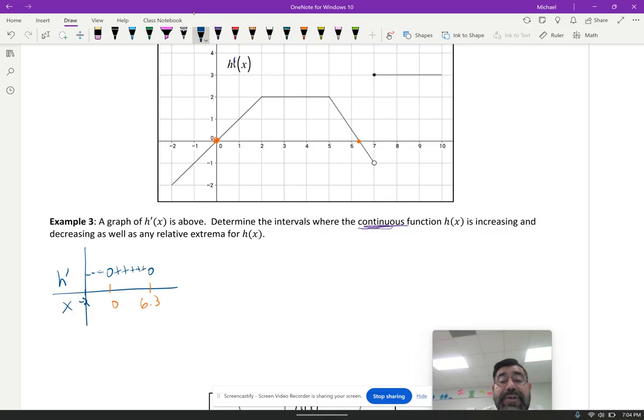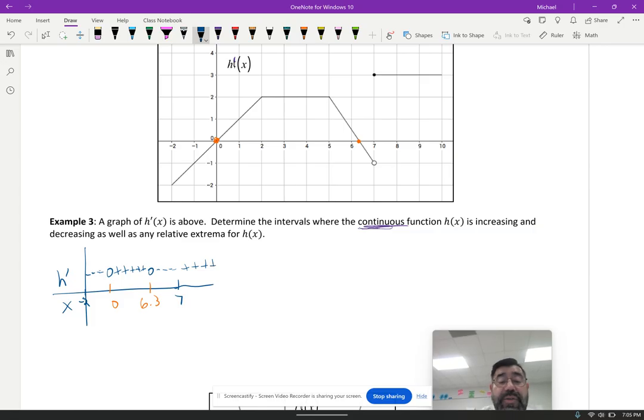And then after 6.3, until I get to 7, I have a negative part here. But then after 7, something happens here, right? Something happens where there's a break. And then after 7, I have positive, positive, positive.